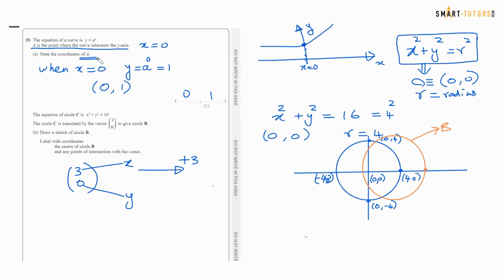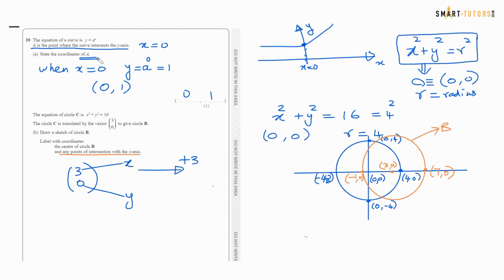So this is the circle B. The circle B center is moved, so everything is moved by 3 units. So 4, 0 moved to 7, 0. And minus 4, 0 moved to minus 1, 0. And the center point is going to be 3, 0.